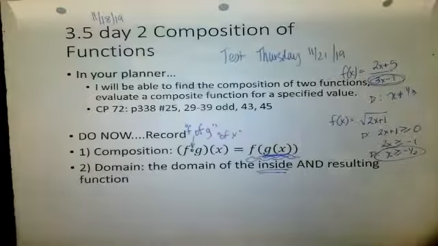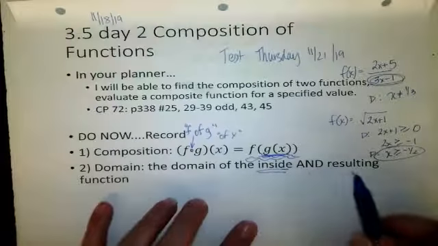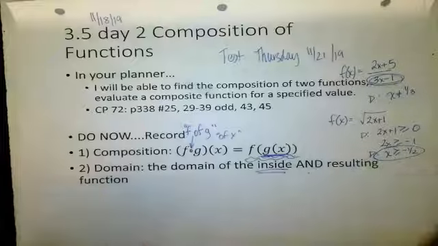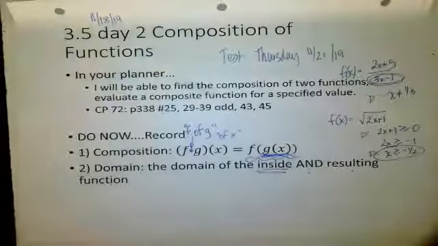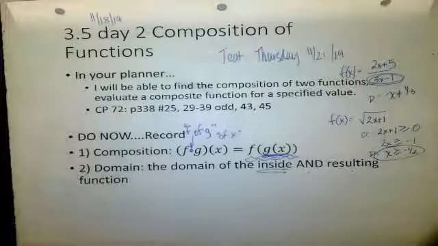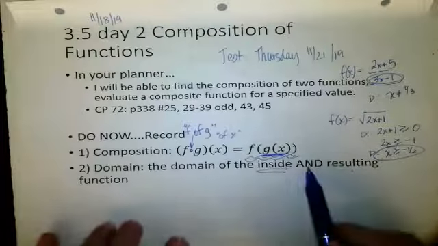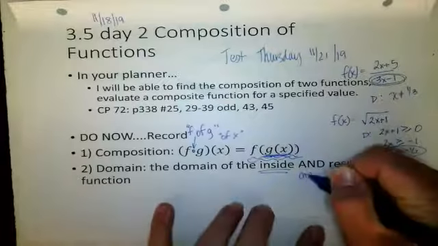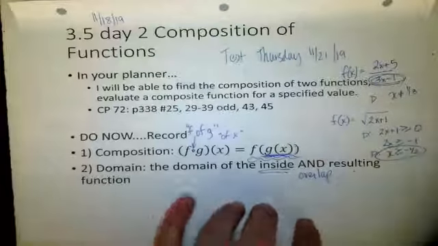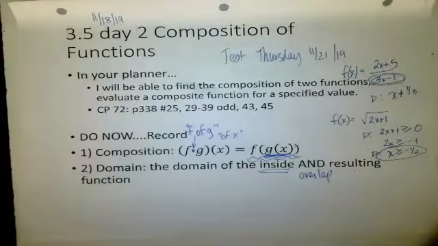It's inside the f. And the resulting function. So we're going to figure out what f of g of x is, and we have to compare those two domains. So this is that mathematical 'and' where it has to work for both, the overlap of the two domains. Okay.